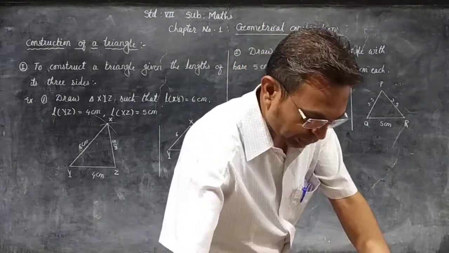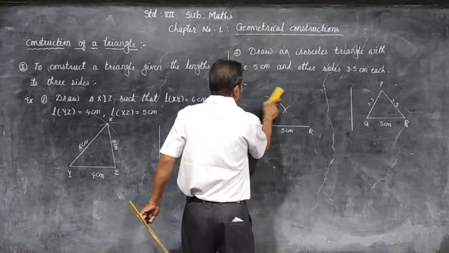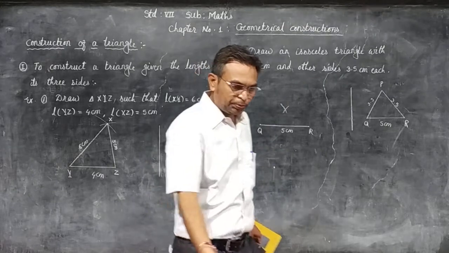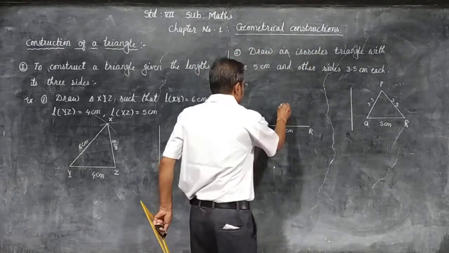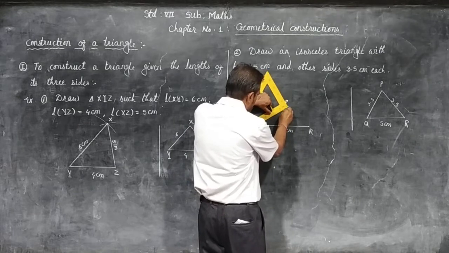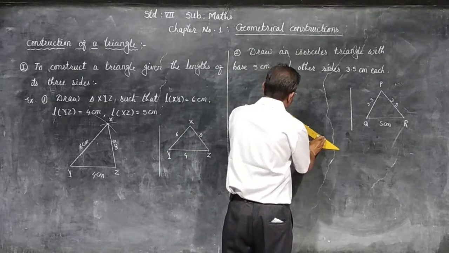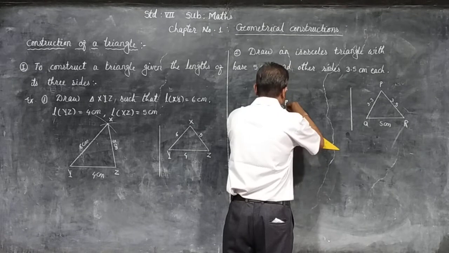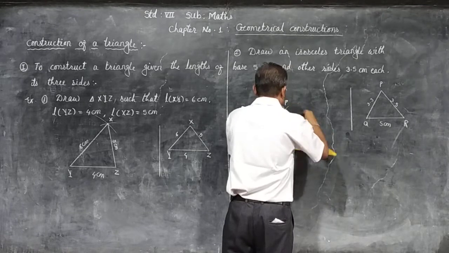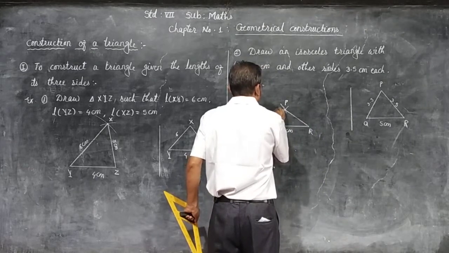We get a point. Which point? P. Point P. Now join PQ and segment PR. 3.5 cm.